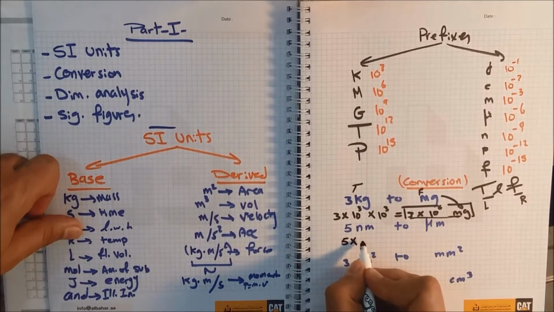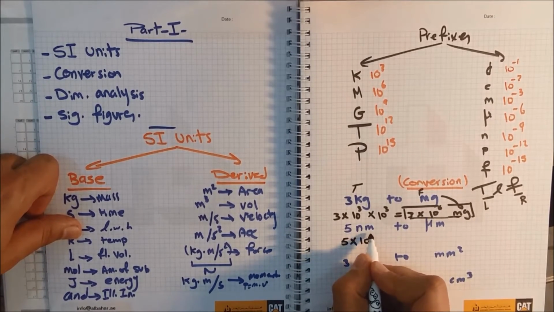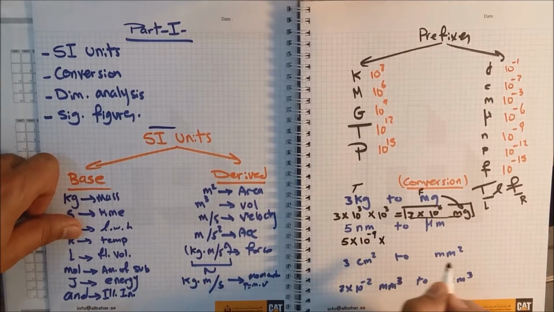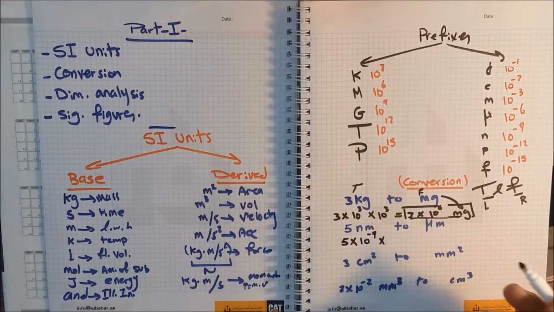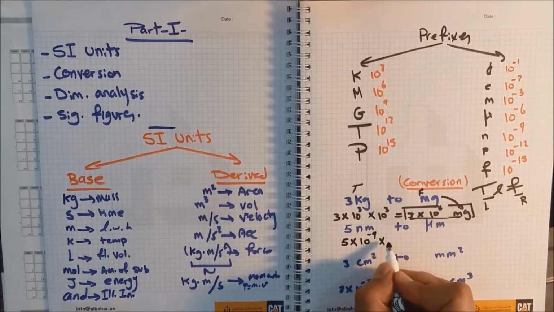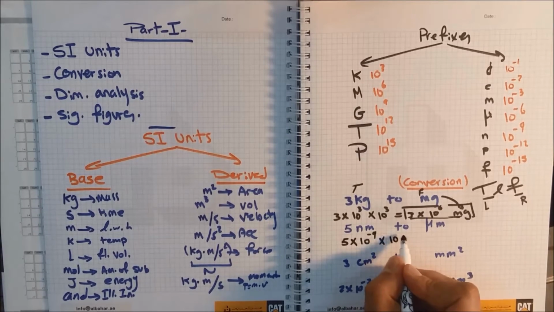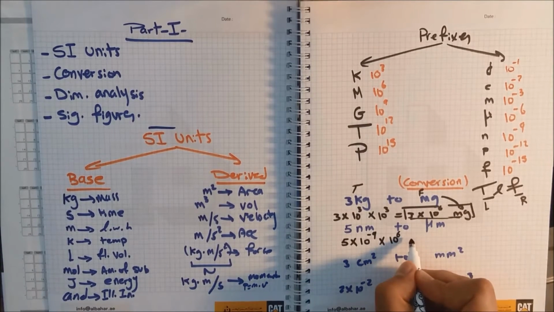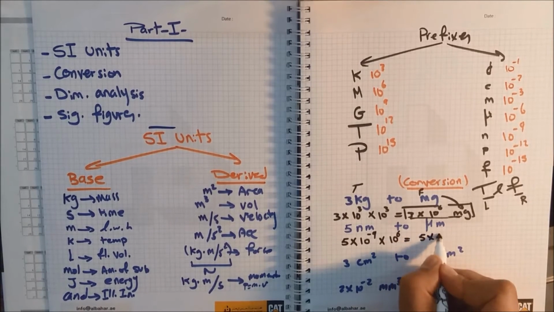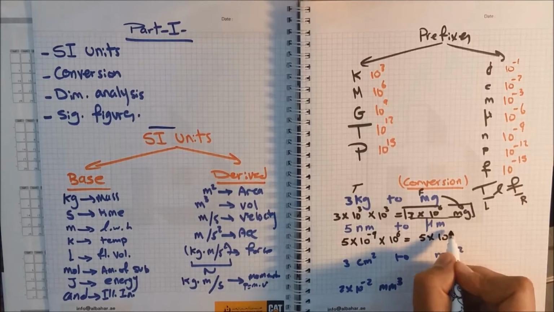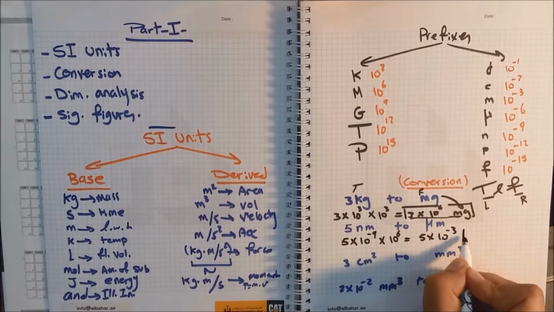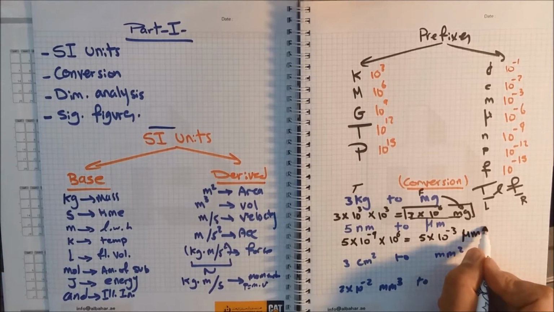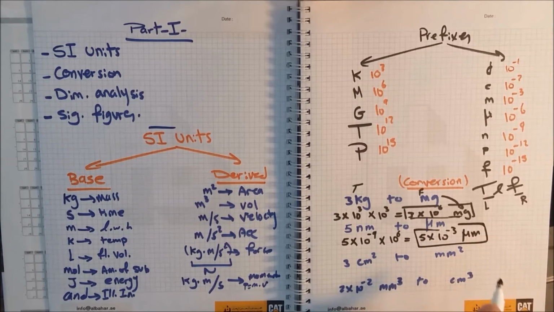Nano is 10 to the power of, exactly, 10 to the power of negative 9, times micro is 10 to the power of negative 6. So I'm going to, wonderful, flip it. So it would be 10 to the power of 6, which is the flipped value. And then it would be 5 times 10 to the power of negative 9, and 6 would be negative 3. Don't forget to put the final unit, which is micrometers.